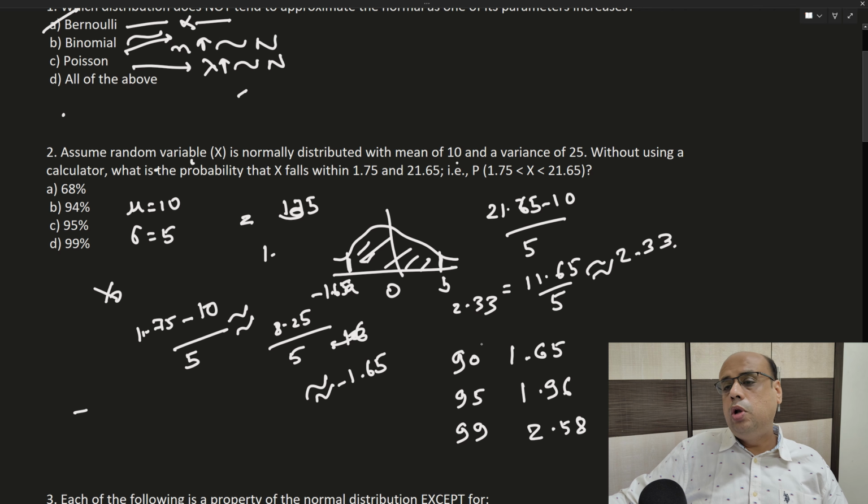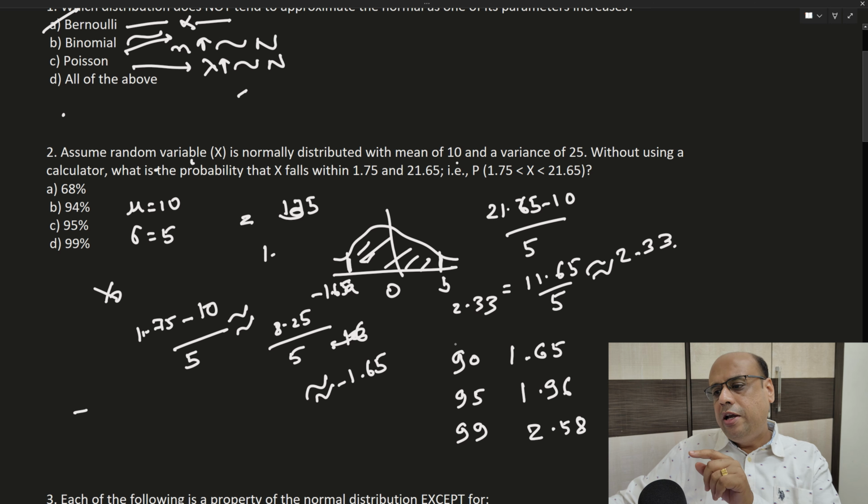You remember that formula, x plus minus 1.65 s. The original formula is x bar plus minus 1.65s.